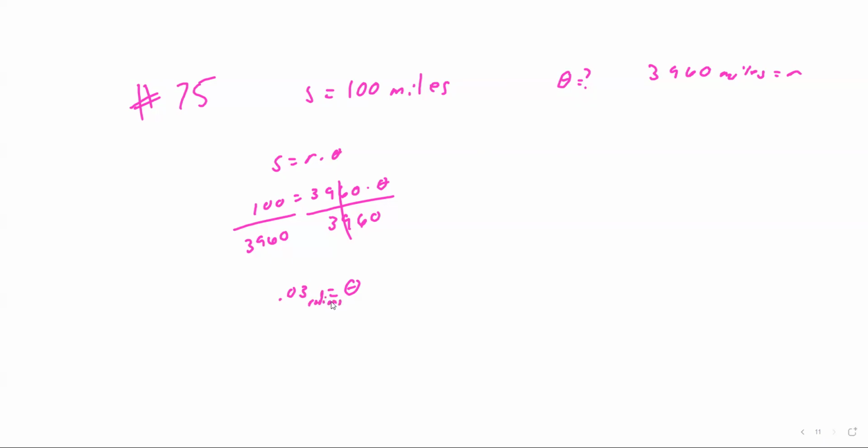So basically it's the same thing we were doing, we're just doing it with a word problem. Sorry. However, I recall this question on your homework, and that is the correct answer, but they do want it in degree form. So I'm going to take 0.03 times 180 over pi.